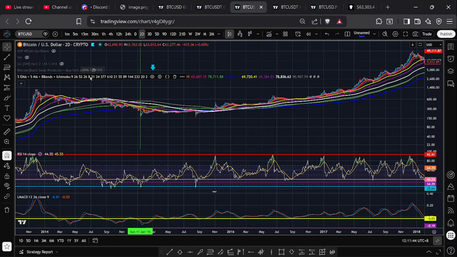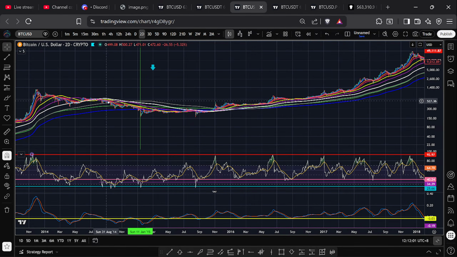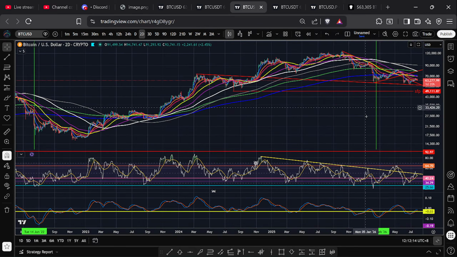There's all my moving averages. You can get this indicator if you go to my TradingView or in Discord. And then it was above it here, okay, and only when it goes below the grey and then touches it will it be valid.